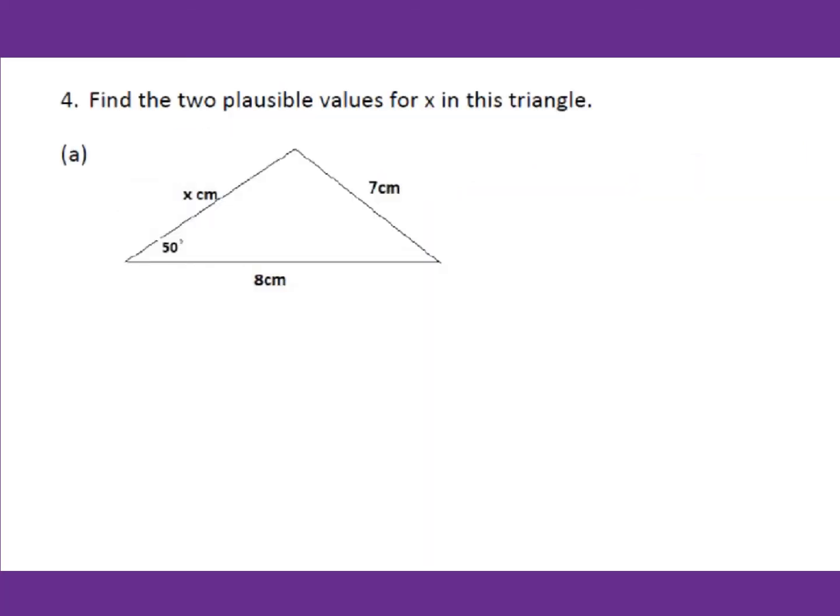For number 4, find the 2 possible values for x in this triangle. Let's check what's given. We are given an S S A and we're looking for the side. So S S A and looking for a side. We have 3 sides and 1 angle. That's we have to use cosine law.